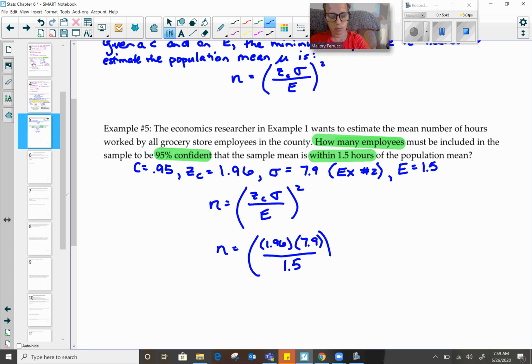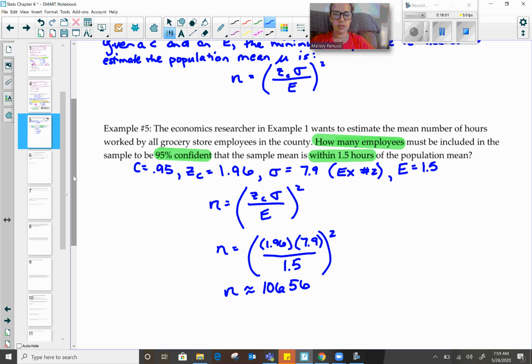And then we're going to square this sucker. Okay, so you plug that all into your calculator and you get n about 106.56.